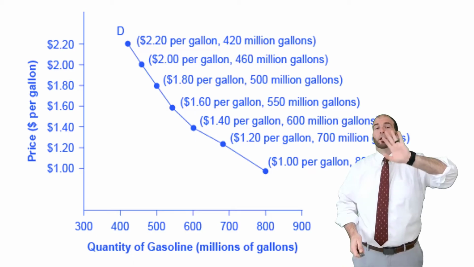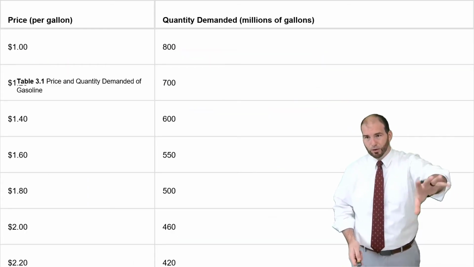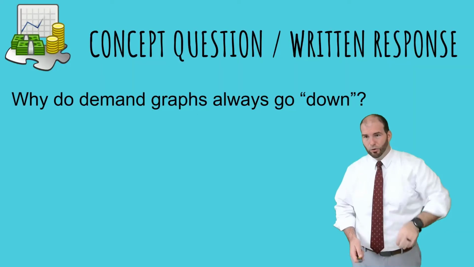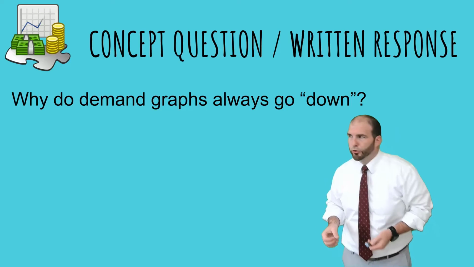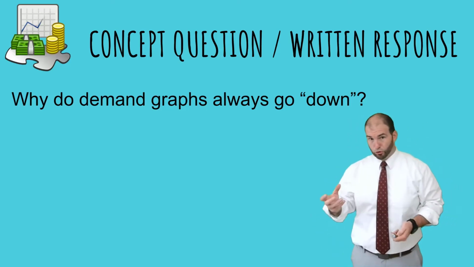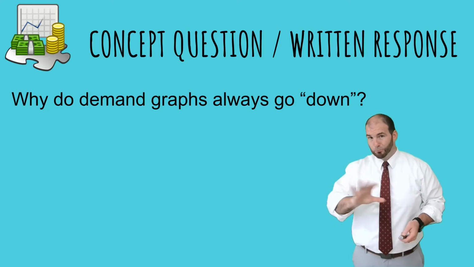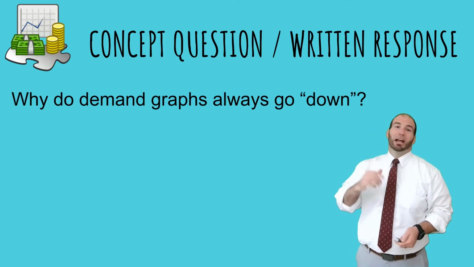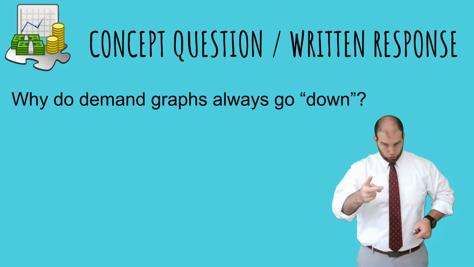All right? There's a reason we use a graph and not a table like this, and I'll explain it to you. But so the question is, why do demand graphs always go down? Because the more you produce of it, each individual unit is less. Just like, why is that? There's a lot of things in economics like, why is that? Two answers to that.